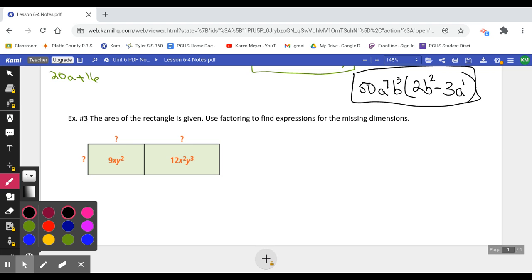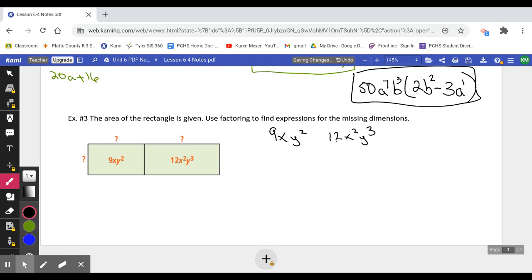Okay, if it helps you, you can think of writing them off here to the side if you want. So what's the largest thing that goes into 9 and 12? Well, hopefully everybody says 9 and 12 are both divisible by 3.